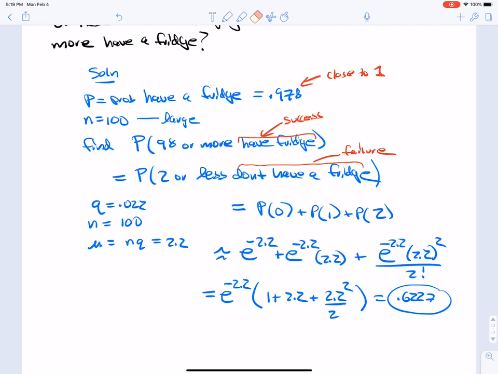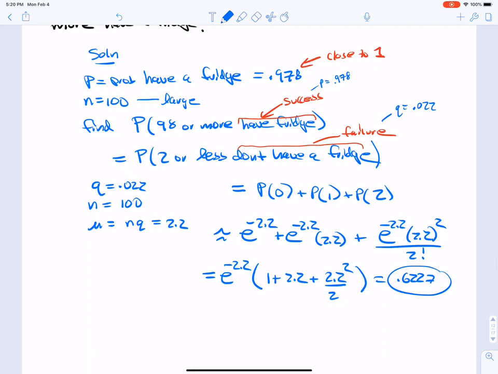So the chance that they don't have a fridge is, as we said, q is 0.022, and p is 0.978. So all we need then is the probability that 2 or less don't have a fridge. And so we can compute each of these Poisson probabilities just using the formula.